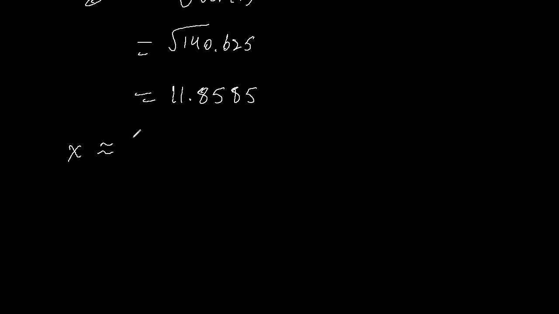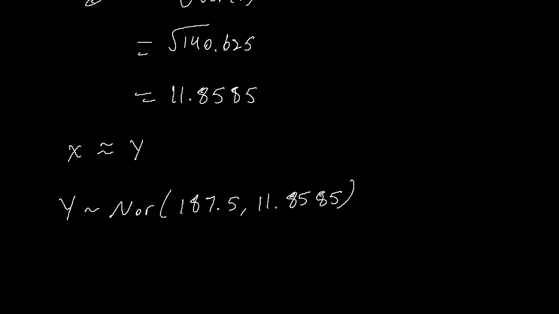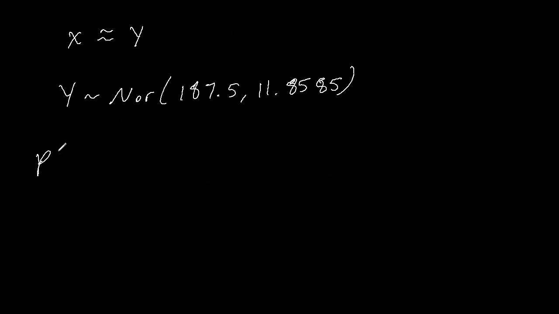We have x, which is approximately equal to a random variable y, where y follows a normal distribution whose mean is 187.5 and whose standard deviation is equal to 11.8585.